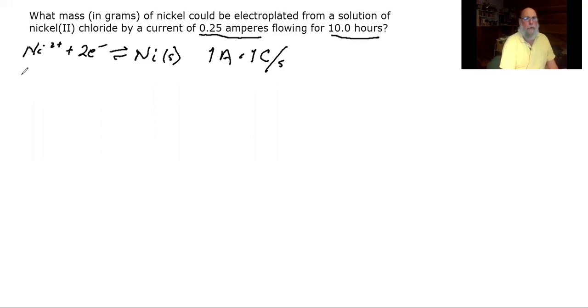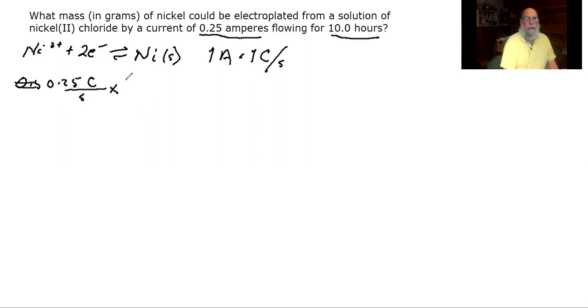We know that we've got 0.25 coulombs per second, and we've got 10 hours.